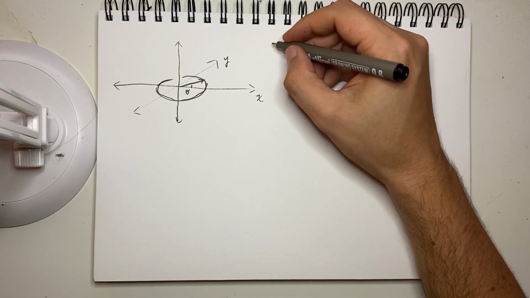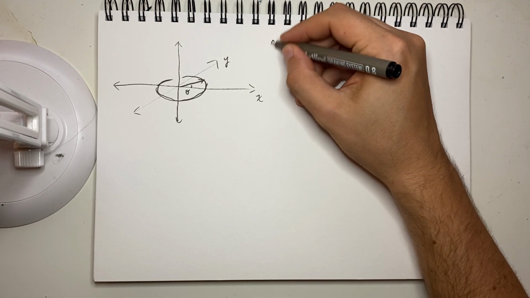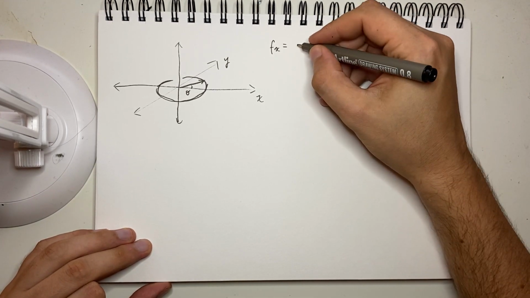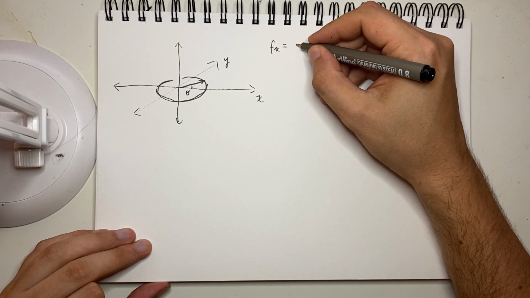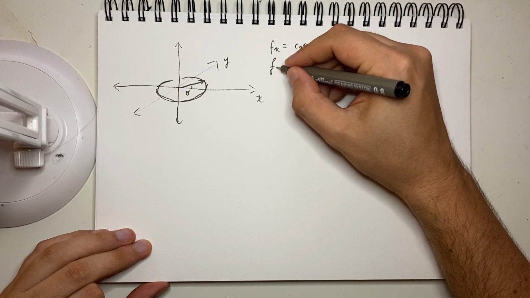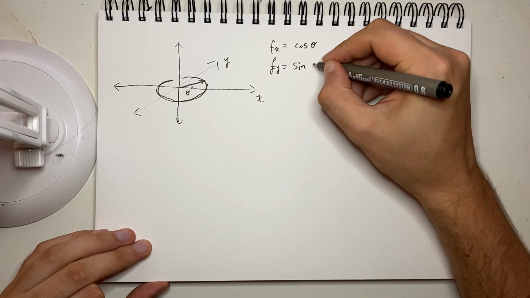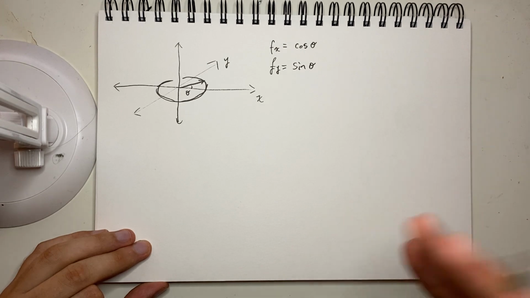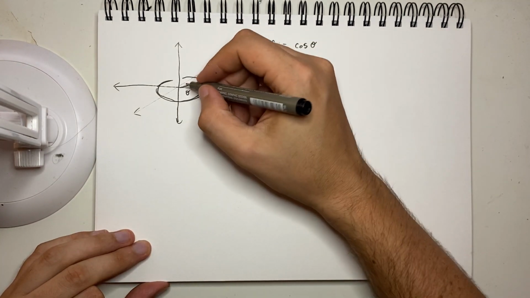In this case, our forwards x coordinate would be cos theta, and our forward y coordinate would be sine theta. And our forward z coordinate would just be 0. We'd be looking flat along the axis.